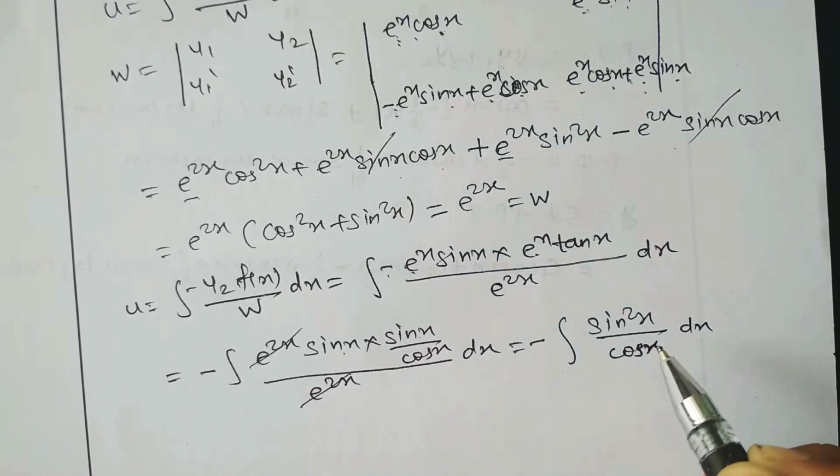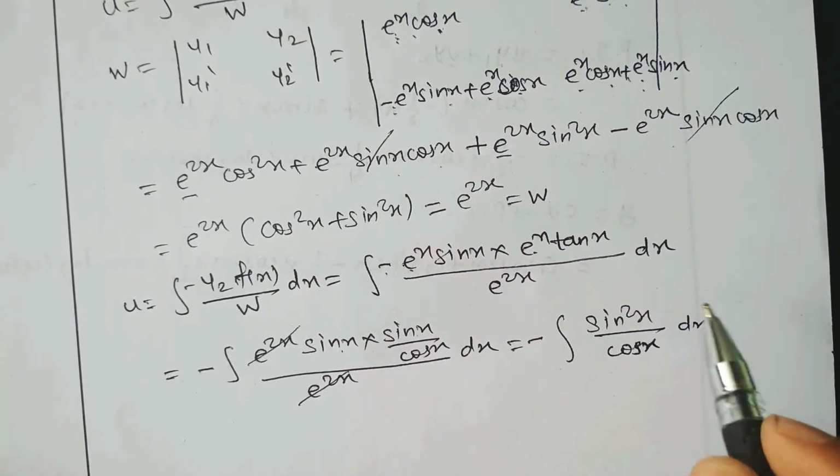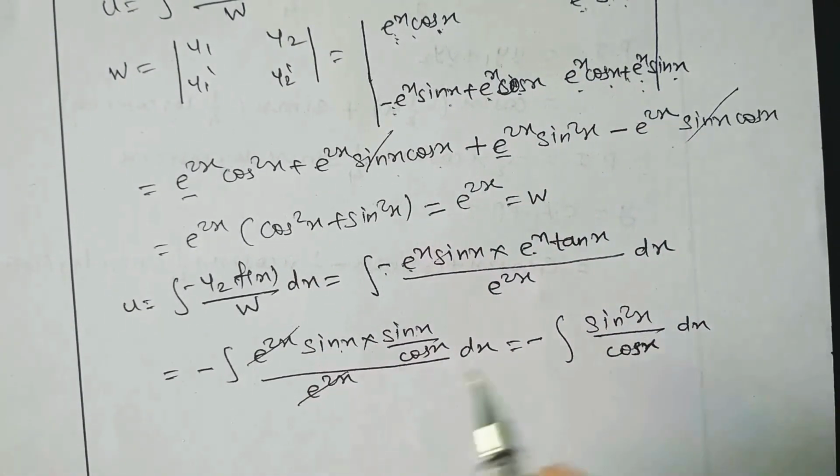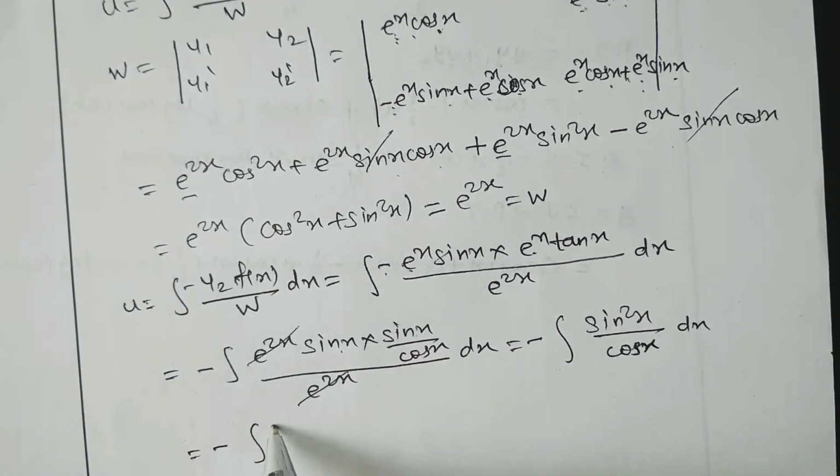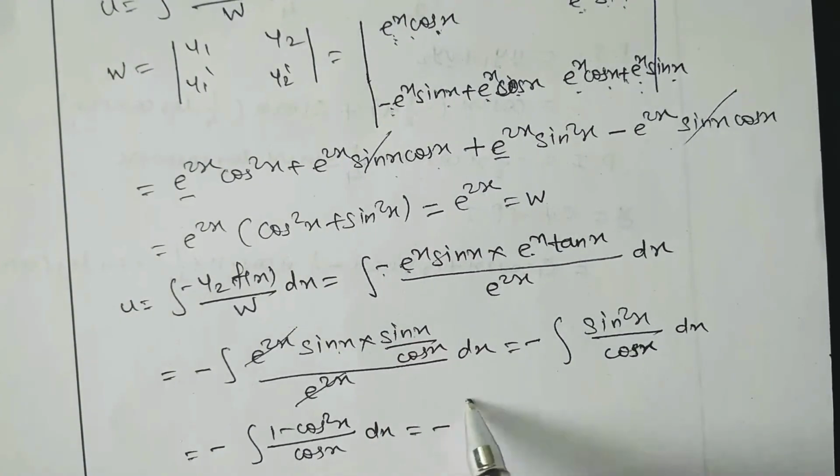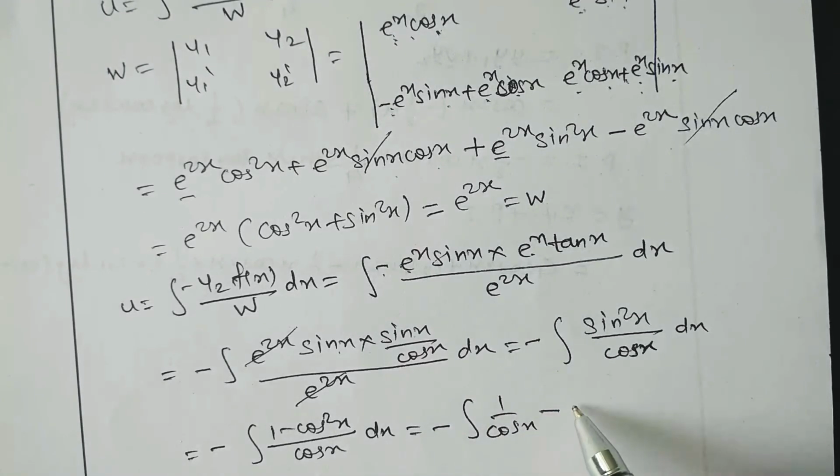To solve this integration, we are going to use the formula sin square x is 1 minus cos square x, upon the denominator cos x as it is. By separating this, 1 upon cos x minus cos square x upon cos x, that is cos x dx.